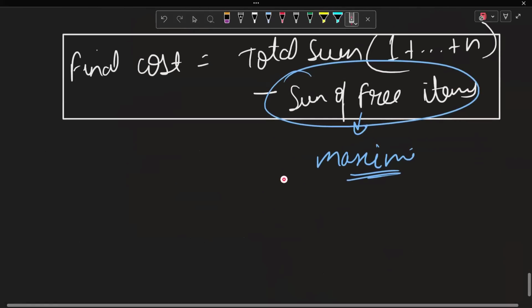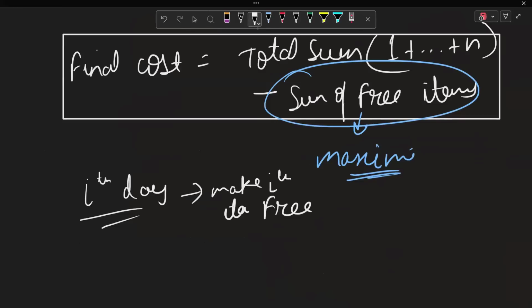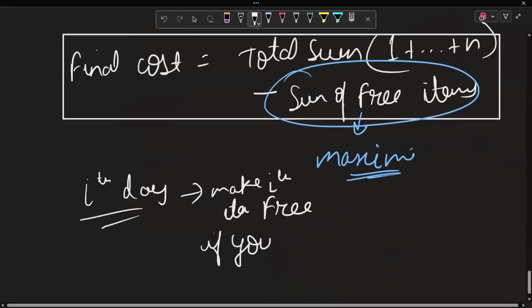So basically, whenever you are going to the shop on the ith day, then you can make the ith item free. Now, the condition to make it free is if you buy one more item along with that.